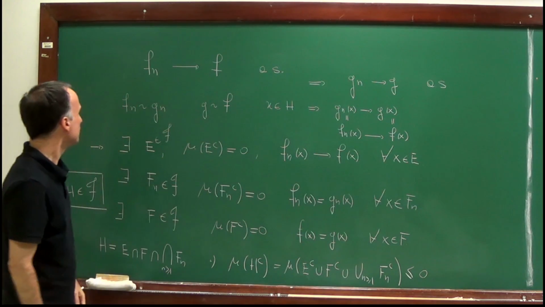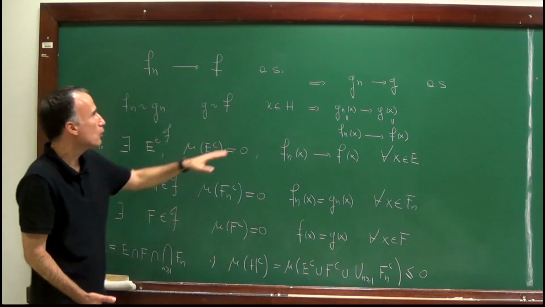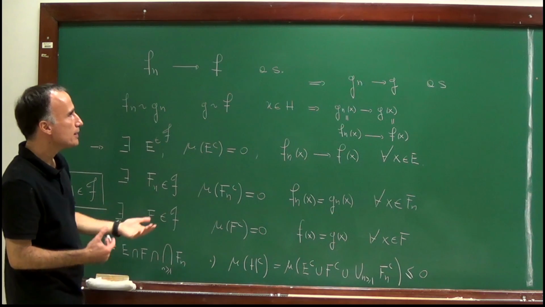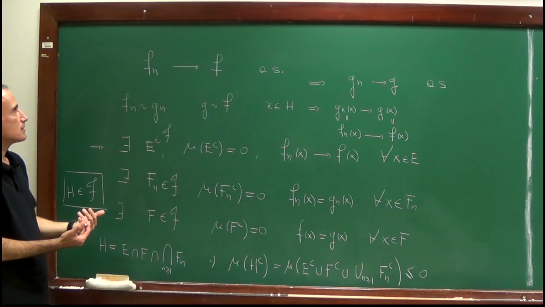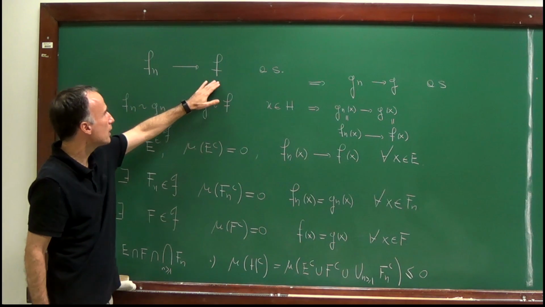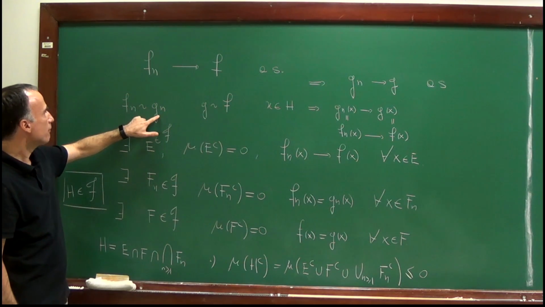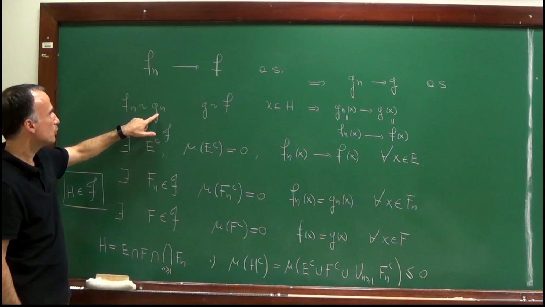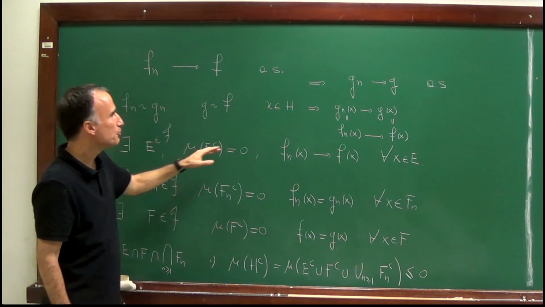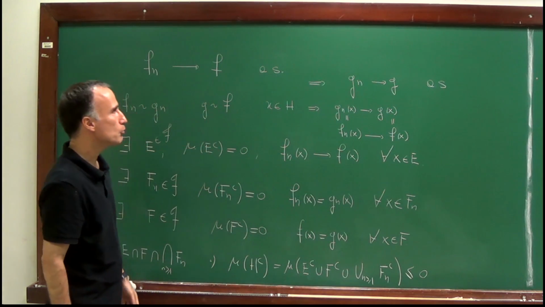So this property of almost sure convergence is a property of the equivalence classes. Because if we know that a sequence fn converges to f almost surely, we can change the functions which represent the equivalence classes and obtain that we still have that gn converges to g almost surely.